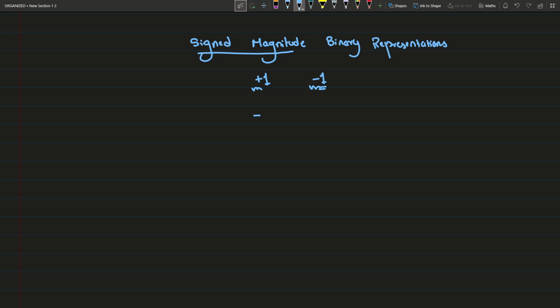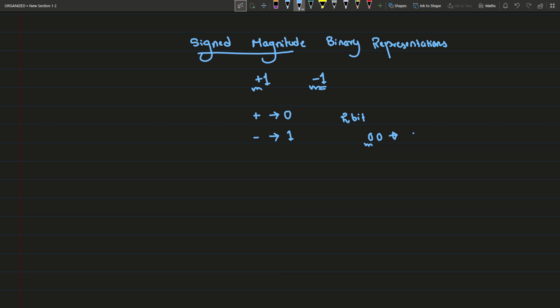So if I have a 2-bit number, if I see 0, 0, then the MSB represents the sign, so it is +0. And if I have the number 10, then it is actually a -0. This part is magnitude and MSB is sign.